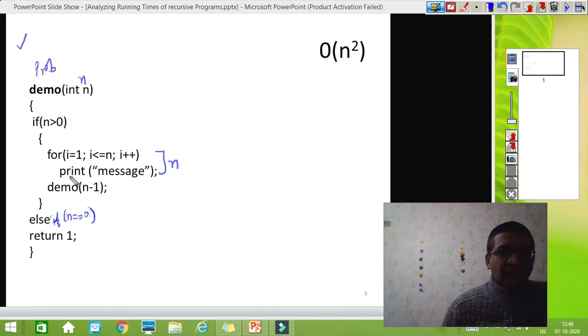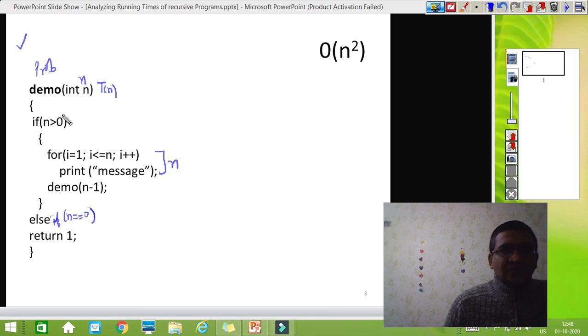And here we have a recursive call. This is a function demo which is passed with input size n, and here you are calling the function again by reducing the size of n by 1. So how are we going to represent this? Let's say I represent my function with T of n.